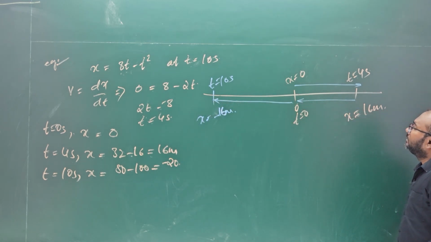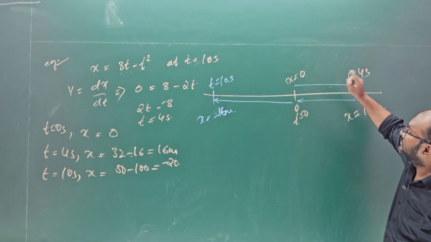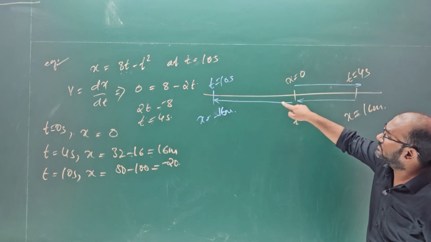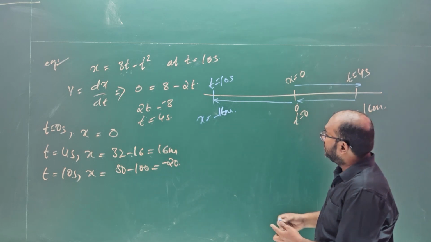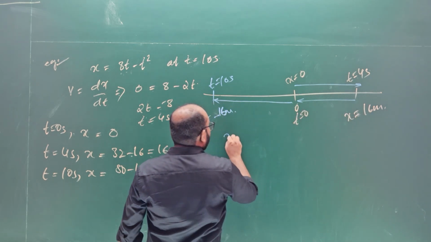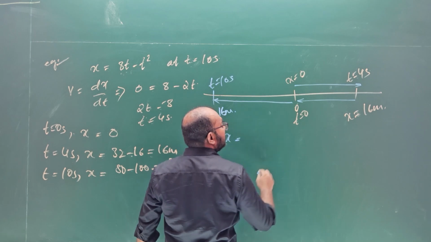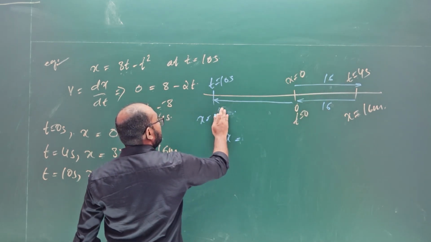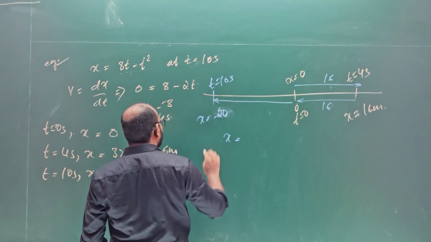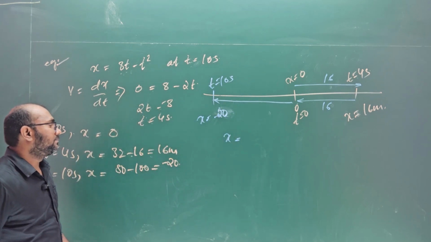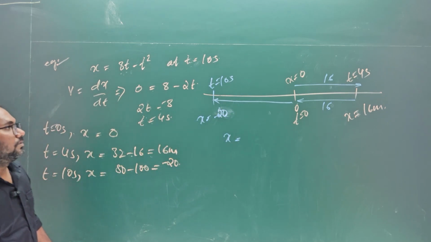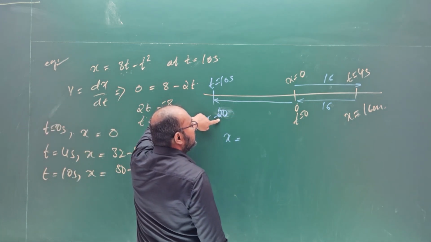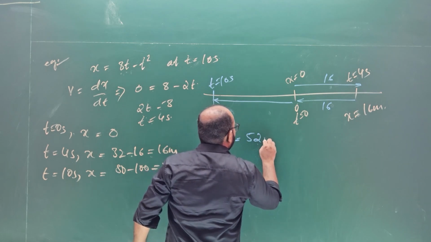Okay. So, can I say 16, 16, 32, and 32 plus this 20? Yes or no? So the distance is 32 plus 20, that is 52.